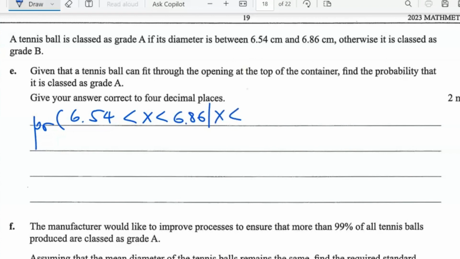Given that it's less than that, so that's going to be a conditional probability.